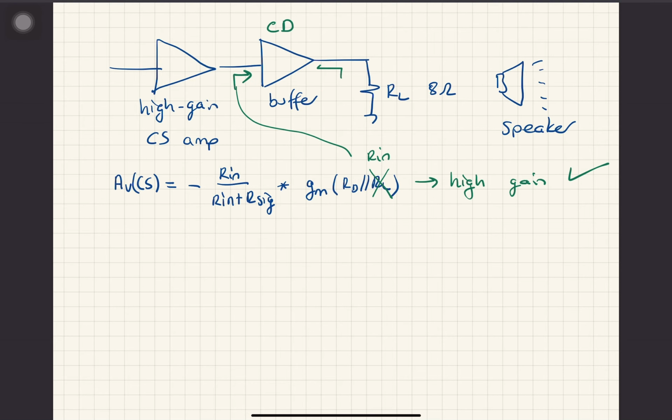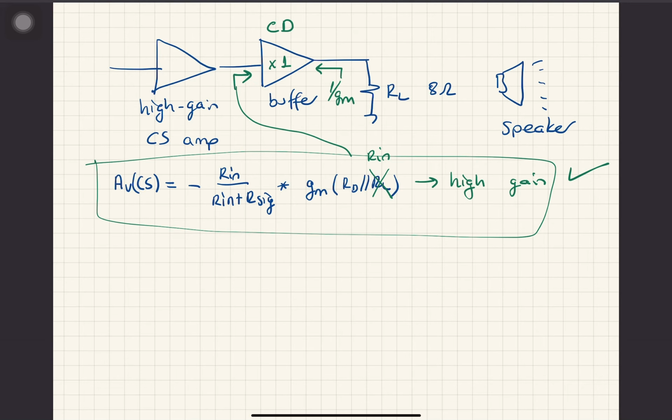Well, the resistance that you see from here is 1 over Gm, something like that. So this common drain amplifier does not provide a gain. It has unity gain, or something slightly less than 1. But the main gain is still reserved. You can still hear very loud music on your speaker by using this common drain amplifier as a buffer.